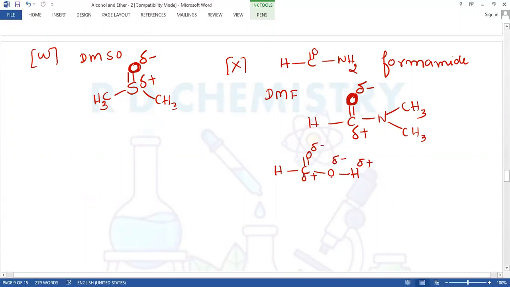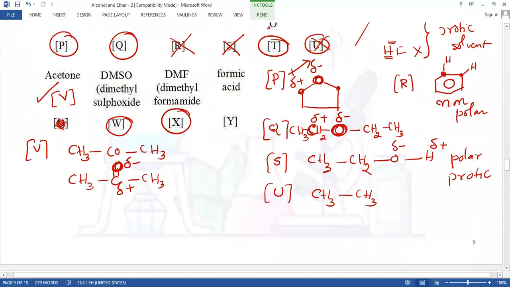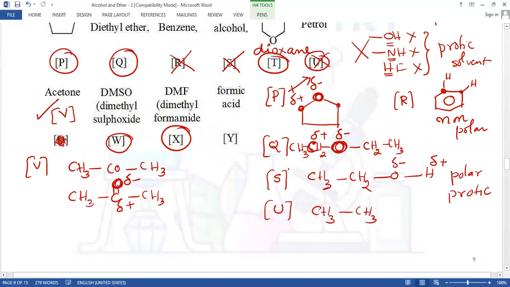Polarity is there, so this is polar. But oxygen contains hydrogen. This is the protic solvent. So it doesn't come into the picture. So Y is not included here.